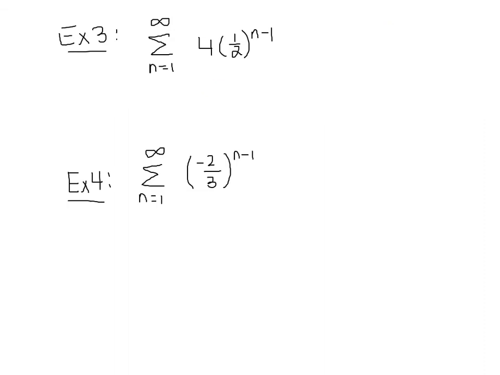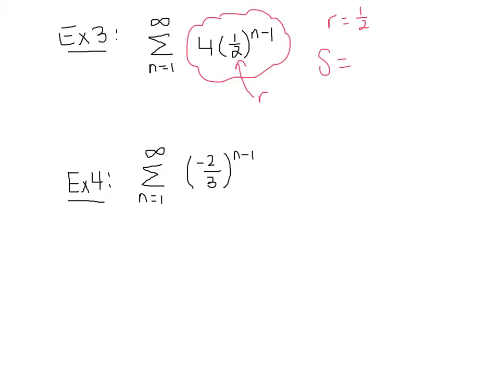Looking at these next two examples, they have the series written already in sigma notation, and this represents the explicit formula. If you look back at your explicit formula, the number in parentheses represents your r. So your r for this problem is 1/2. It is less than 1, so you can find the sum. We're going to take the first term.